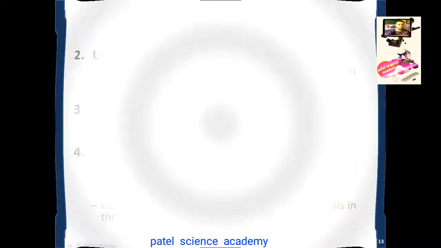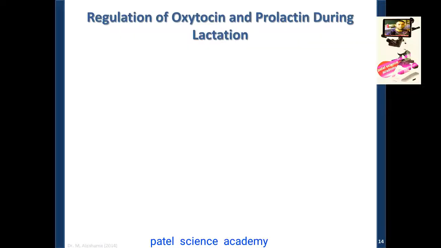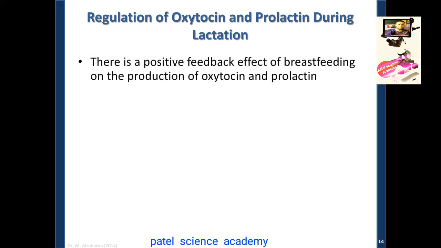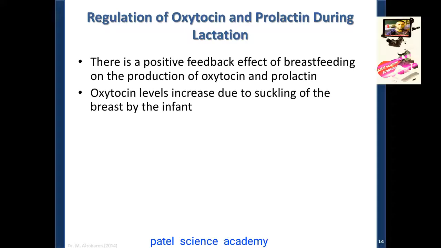So this is about the lactation. Dear students, the regulation of the oxytocin and the prolactin during the lactation. There is a positive feedback effect of the breastfeeding on the production of the oxytocin and the prolactin hormone. What is the role of the oxytocin? Oxytocin's level increases due to the suckling of the breast by the infant. As you know, infants start sucking the breast nipple, so the level of the oxytocin increases by the sucking process.